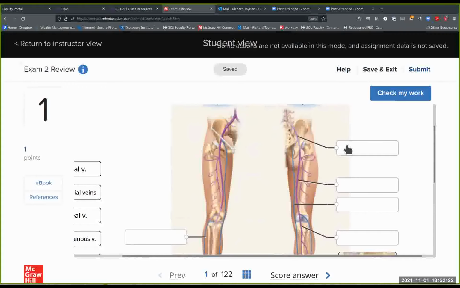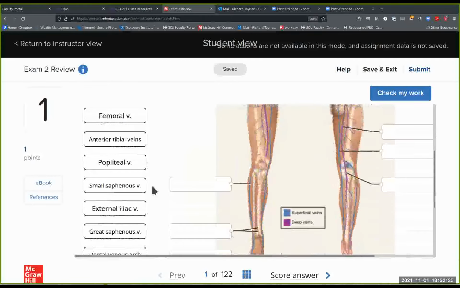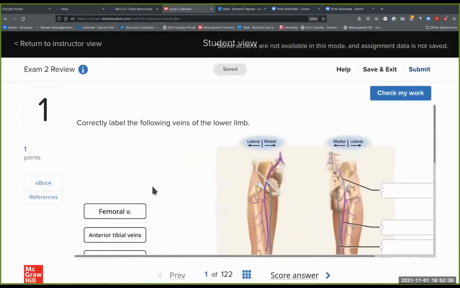So would this be here? Would that be the saphenous, greater saphenous? Or could you scroll down?